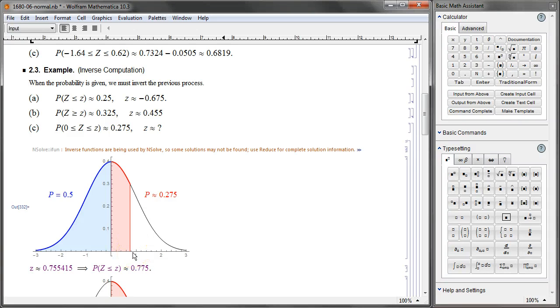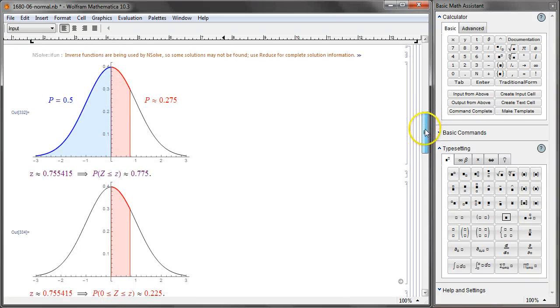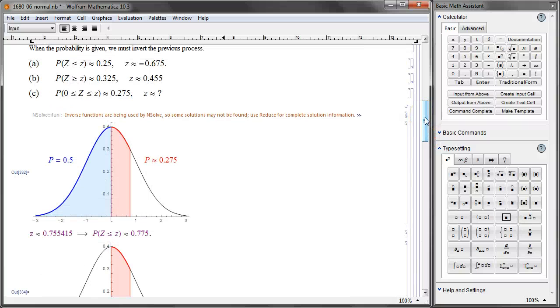If you compare that picture with the standard normal table, you have to add 0.5 to get everything to the left-hand side of it, and consequently you have to look up the probability 0.775 from your normal table, and that's going to give you a z-score. Let's see, do we have enough time? No, not really. So I'll leave that as an exercise.